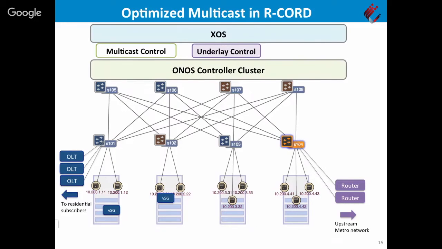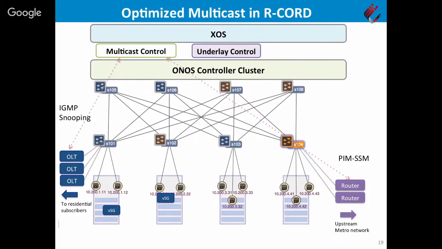So the way we do this is that when a residential subscriber is flipping channels, that flip is snooped by this multicast control application that is running on ONOS. And if that channel doesn't already exist in the network somewhere, that request is made to the upstream using PIM that, hey, we need this channel because subscribers X, Y, and Z are asking for it.